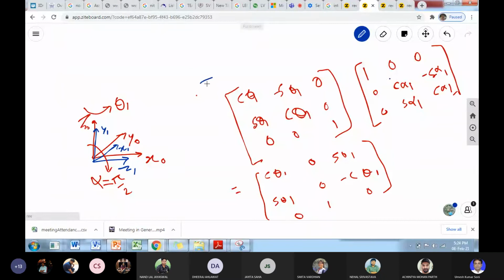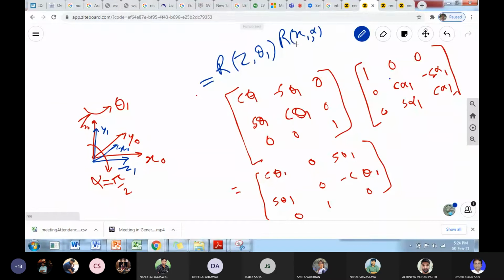So this total orientation matrix will comprise theta. Okay, along the z there is theta 1, and along the x axis there will be rotation of alpha.